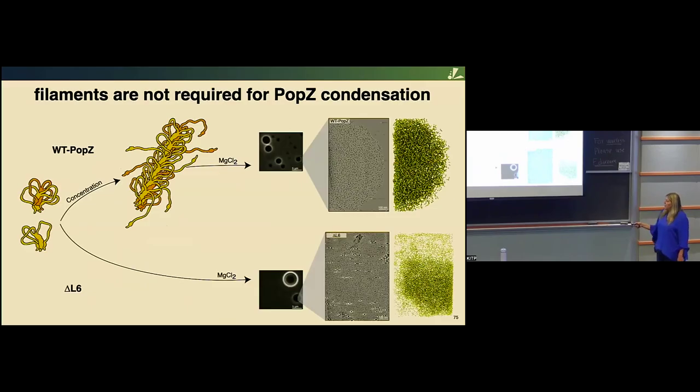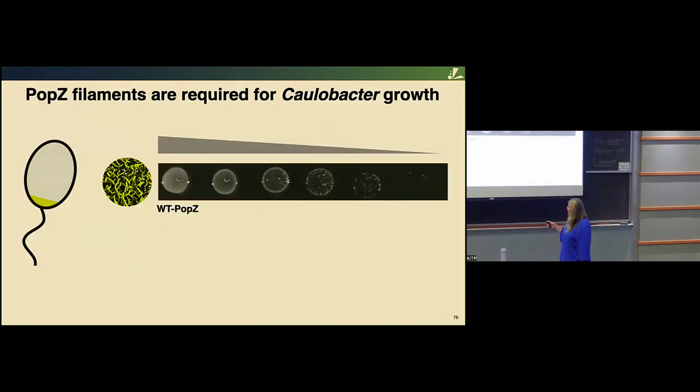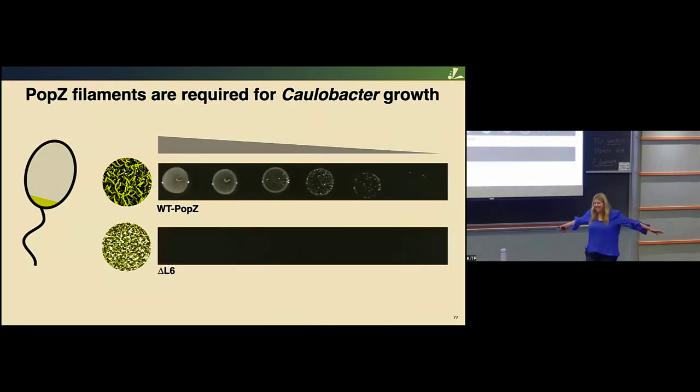But we also have this mutant, losing the last 6 amino acids, that can still form, with addition of magnesium, a different type of condensate. If we replace the wild type POP-Z with that mutant, the cell's dead. No growth. ChIP-T can still bind, all the clients can still bind, but the cells can't survive.